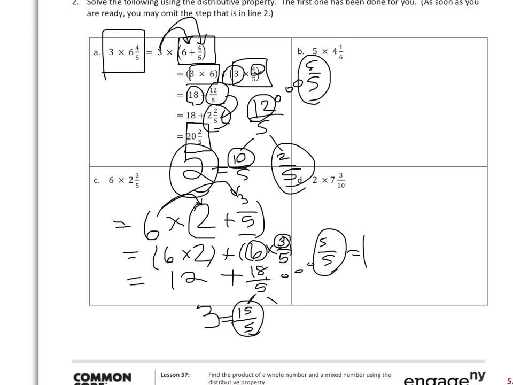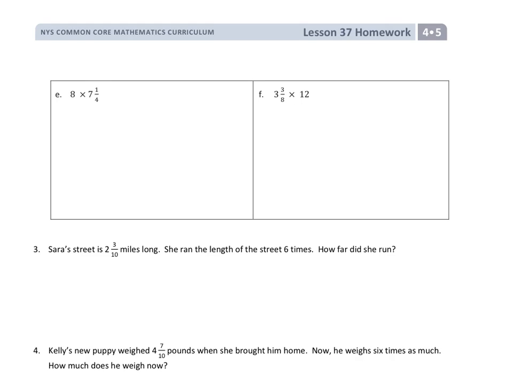And then 18 minus 15 leaves me with 3/5. So now I'm going to add up my whole numbers: 12 plus 3 is 15. And then I'm going to include my fraction, 3/5. Students should be able to follow those steps on B and D. E and F are exactly the same, so we want students to follow that same procedure.